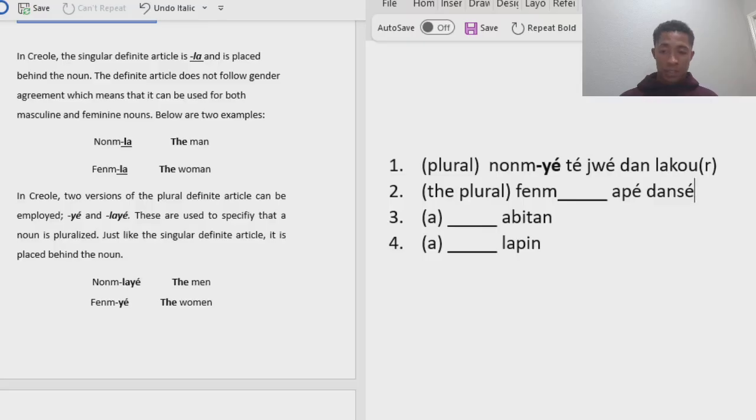Which, again, this has technically three ways. Femme, blank, api danser. Blank are dancing.